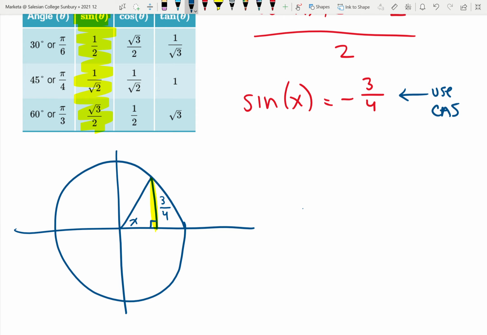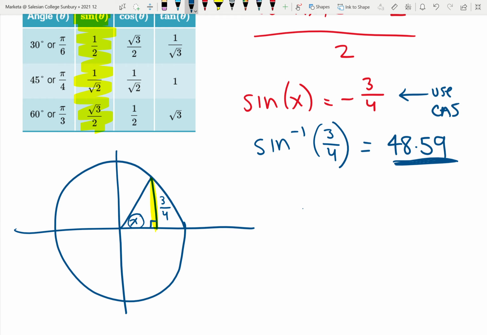We're going to use CAS, and it's going to be the sine inverse of 3/4. We're doing the positive, and we want to find it in quadrant 1. And that is 48.59. So that means that this angle x is 48.59.